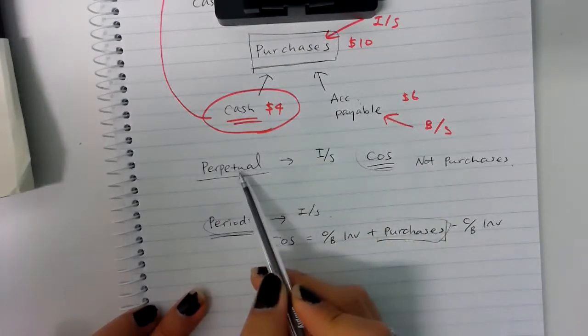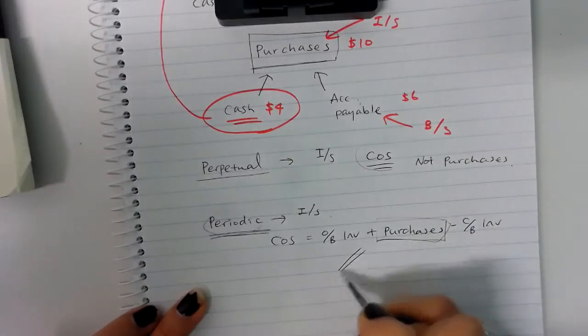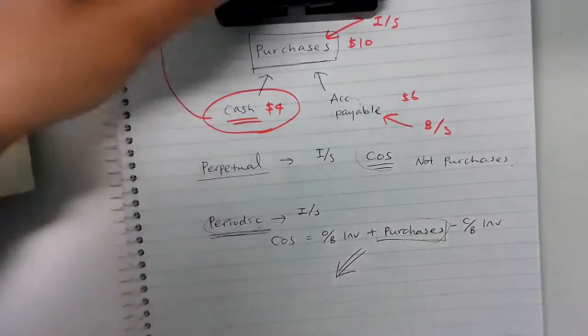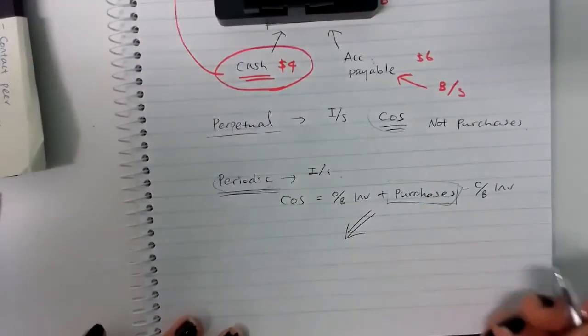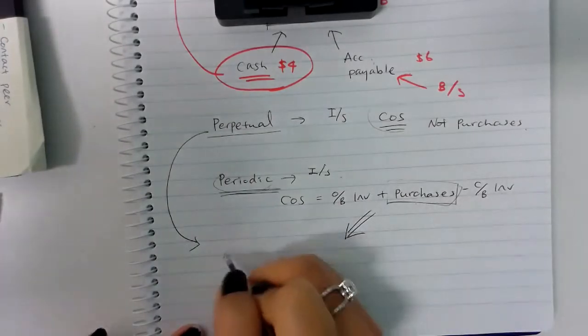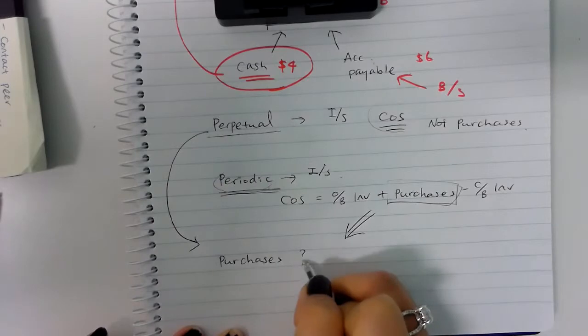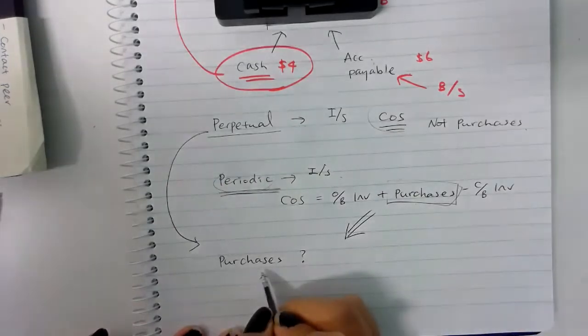However, if the business is using perpetual, then we won't have a purchases account. So we need to work that out. How? If I rewrite this so we can work out purchases. So if we are using perpetual, we don't have a purchases account. So that's the question mark. We don't know on the perpetual, right?